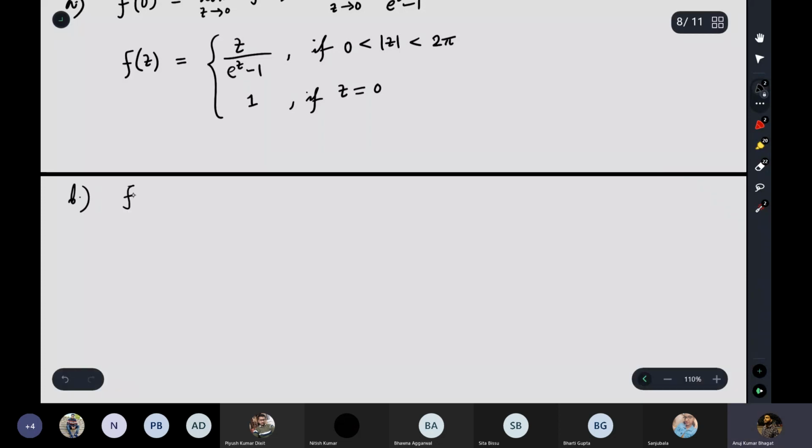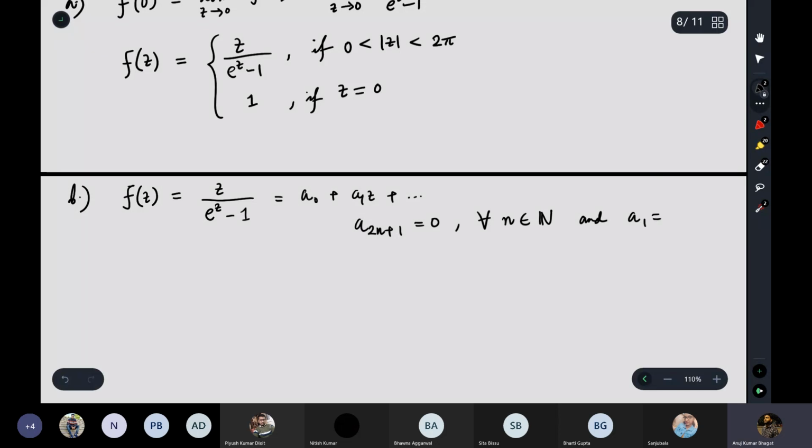You have to find the power series of this function, and you have to prove that if the power series is, suppose, a0 plus a1z plus dot dot dot, then a2n plus 1 is 0 for all n in natural number, and basically you have to find a1.